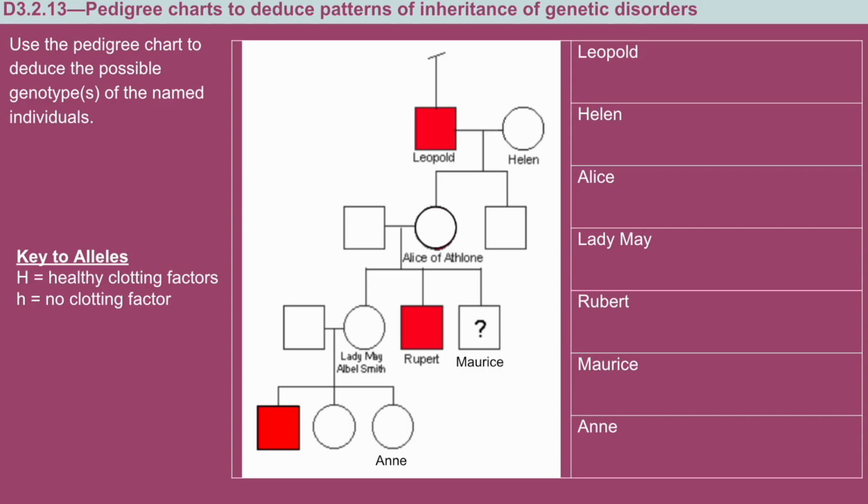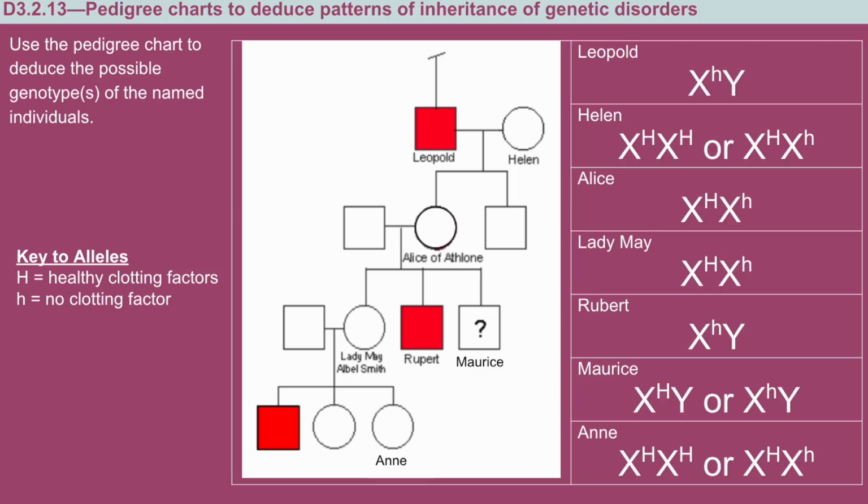Okay, and this is a great little practice question here. I'm going to go ahead and just put the answers up, but you should be able to go through and determine the potential genotype or the for sure genotype of any of these individuals. So this is what you should be able to come up with.